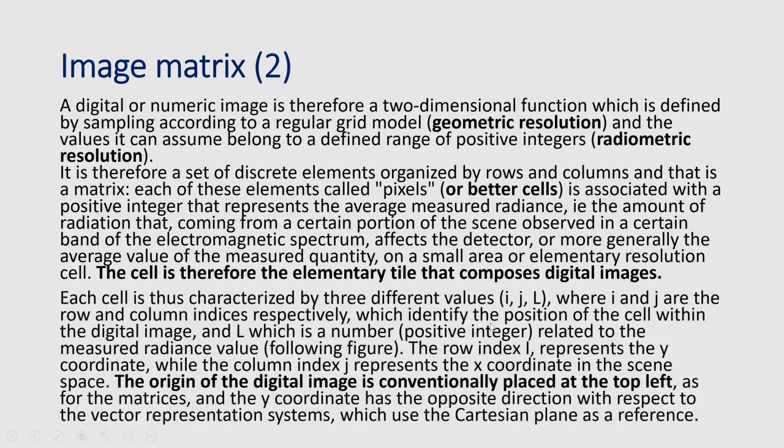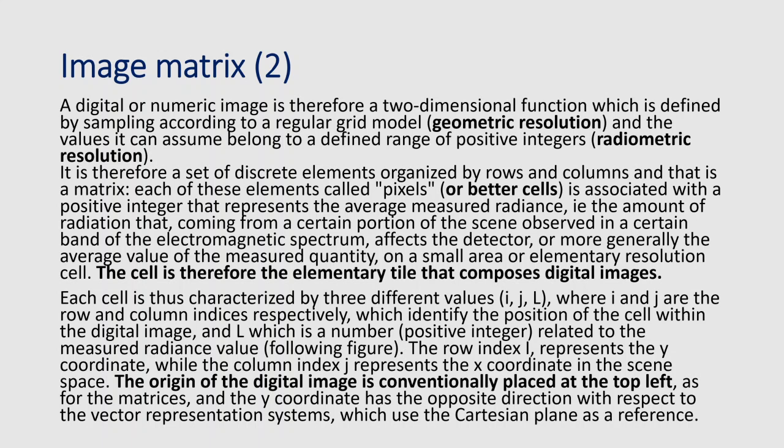The cell is therefore the elementary tile that composes digital images. Each cell is thus characterized by three different values, I, J, and L, where I and J are the row and column indices, respectively, which identify the position of the cell within the digital image, and L, which is the positive integer related to the measured radiance value, and we saw that in the following figures.